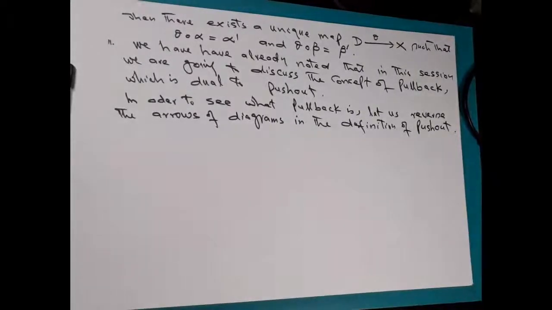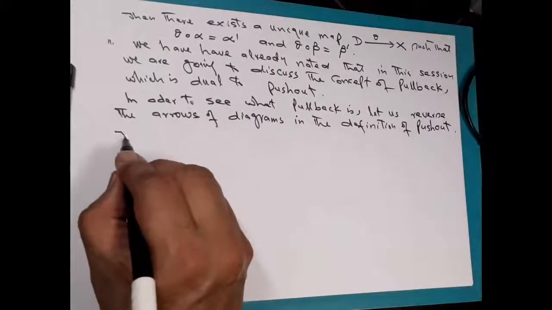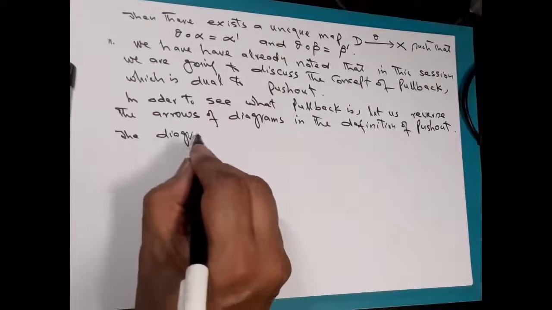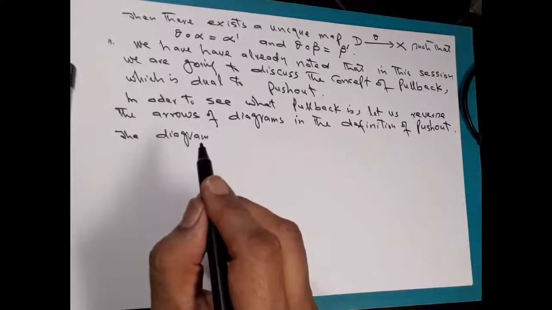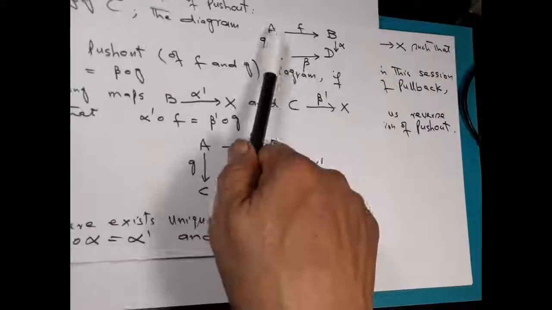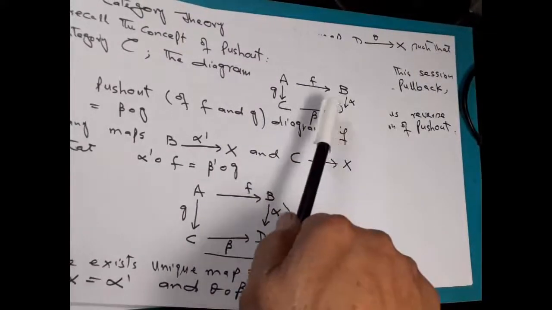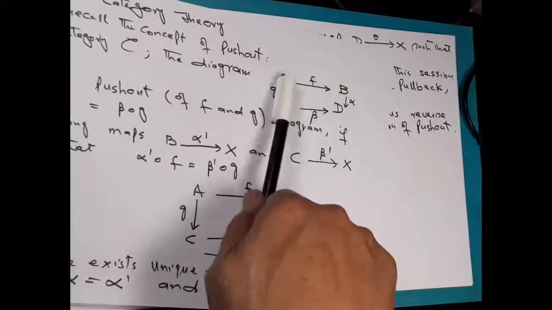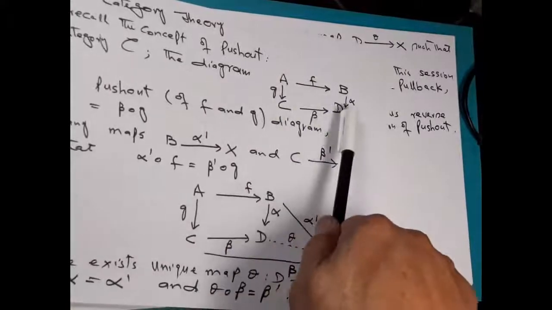So the diagram in a category C will be a pullback. Let me show you the diagram which we used for push out: arrows from A to B and A to C. Now we will draw a diagram with arrows from B to A and C to A, and then from D to C and D to B.